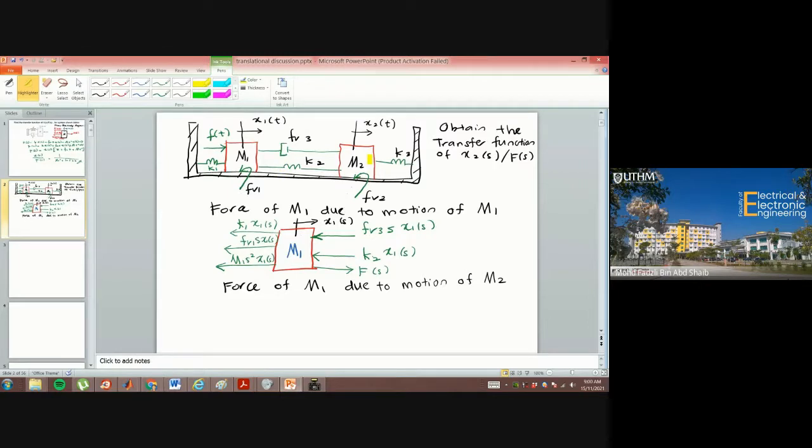Okay, in order to solve this problem, we need to see the link between M1 and M2. What is attached between M1 and M2, which is FV3 and K2, right?